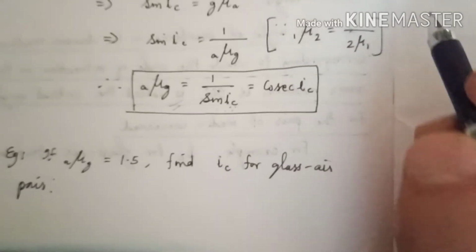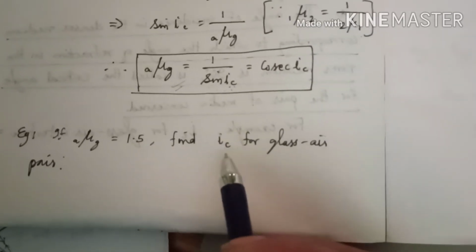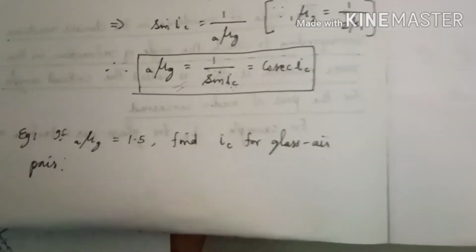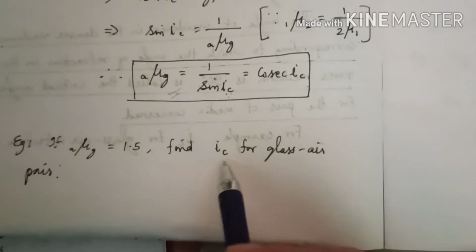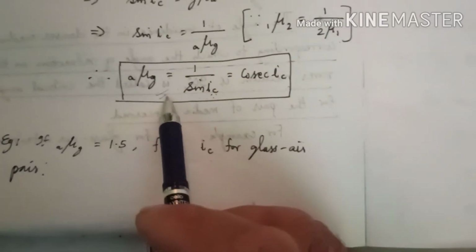Now let's see how it is done. The refractive index of glass with respect to air is given as 1.5. Now you have to calculate the critical angle for a glass-air interface. In order to find the value of IC, if mu is given, we'll follow the same relation.